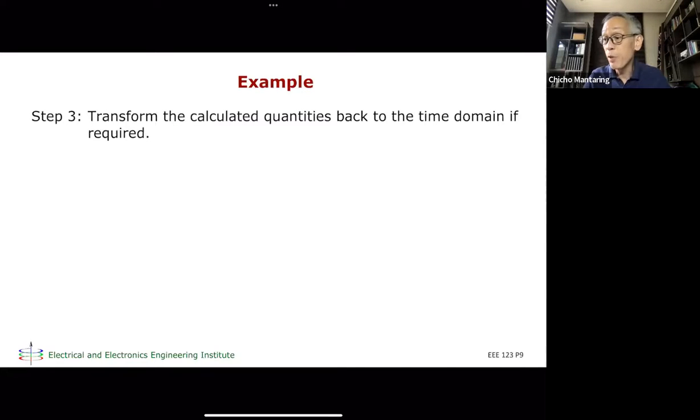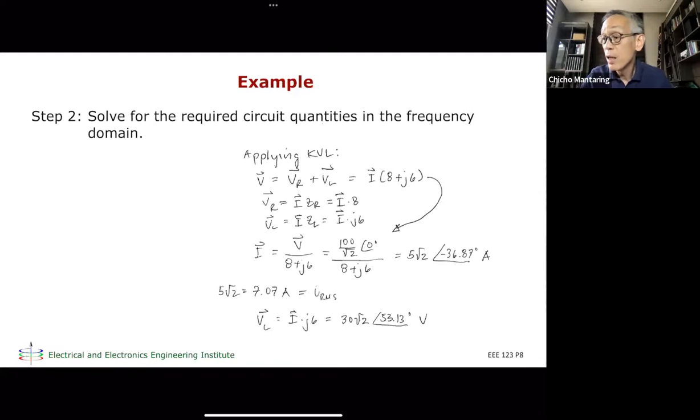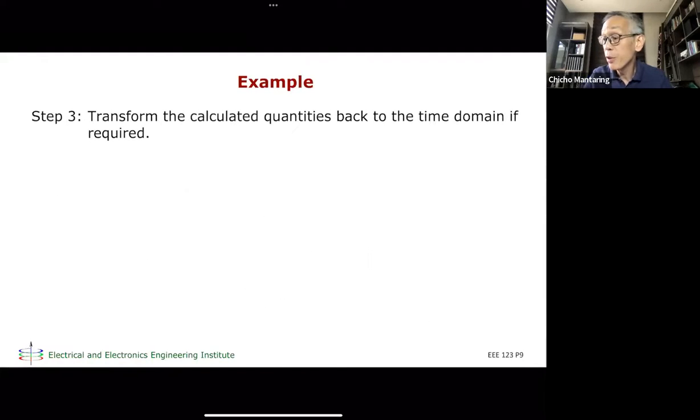What is the next step? Since the problem asks for i(t) and v(t), the next step is to perform the reverse transformation. We transform the calculated quantities back to the time domain, and we do this if it is required. If you recall, I is 5 times the square root of 2 at an angle of minus 36.87 degrees.